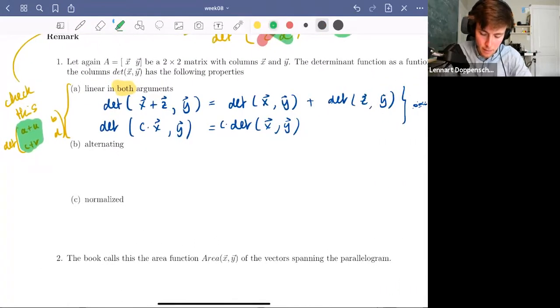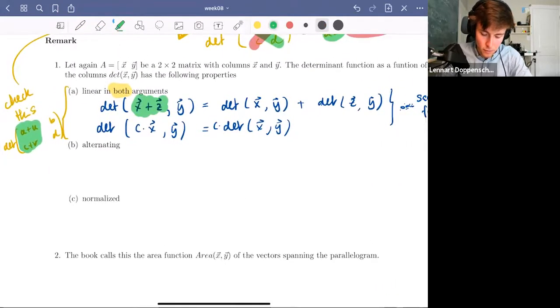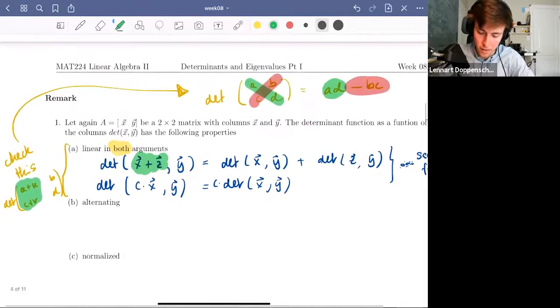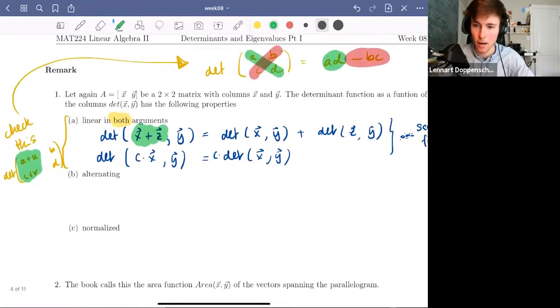So this is exactly the same case that we have here. And then you just compute this with the definition above, and you can verify that this is indeed linear in the first argument.